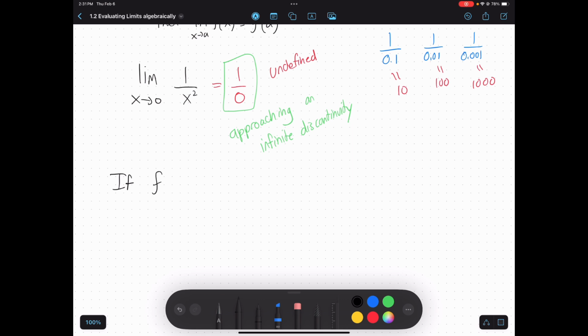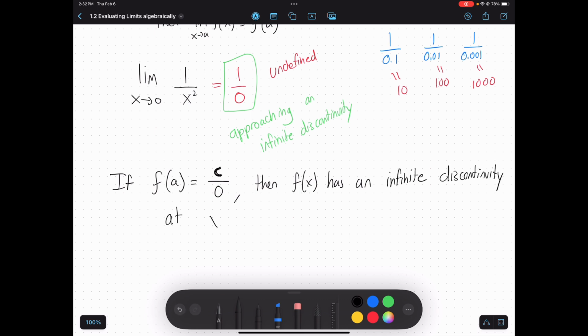If you try plugging your x value into your function and it results in a constant, so C is for constant, over 0, that's your result. Of course this value is undefined, but this tells me something. Then the function has an infinite discontinuity at x equals a.